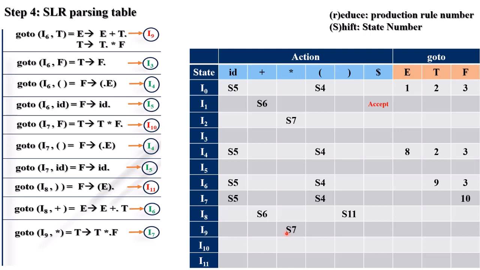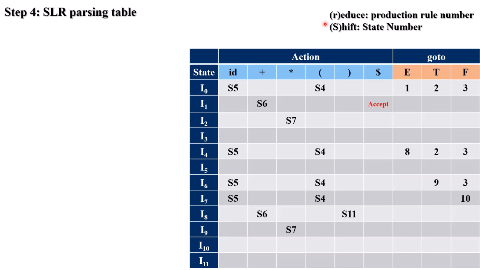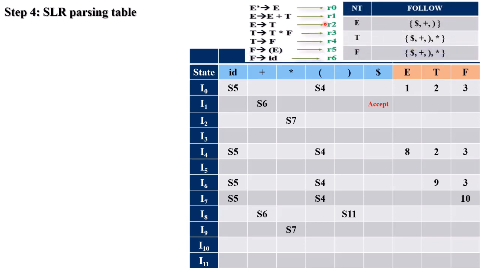Okay, this is very simple to write a shift operation, but it is difficult to write a reduce operation. Let's see how to write reduce, this R1, R2. For that, we have to see these two things: the follow that we already found in the previous slide, and the augmented grammar.